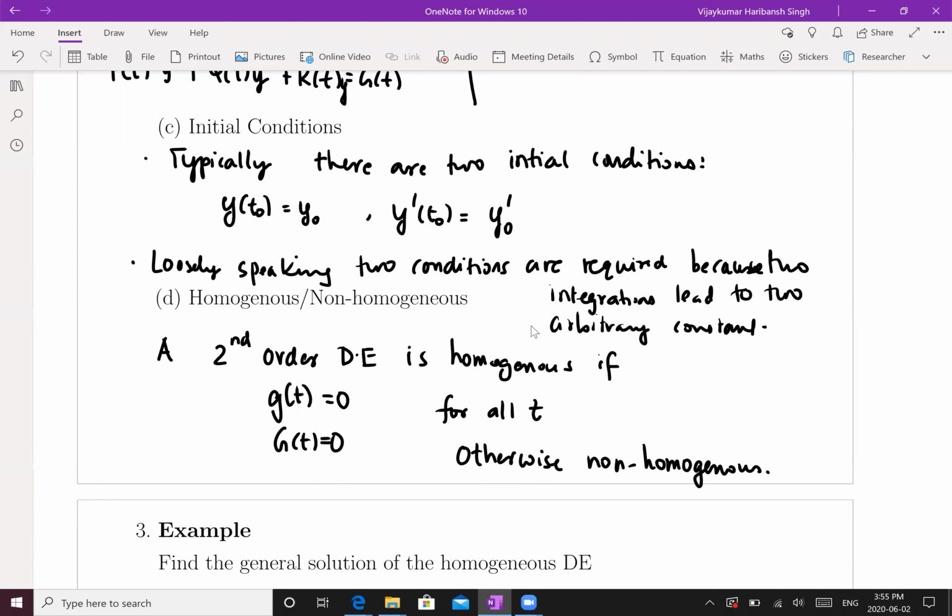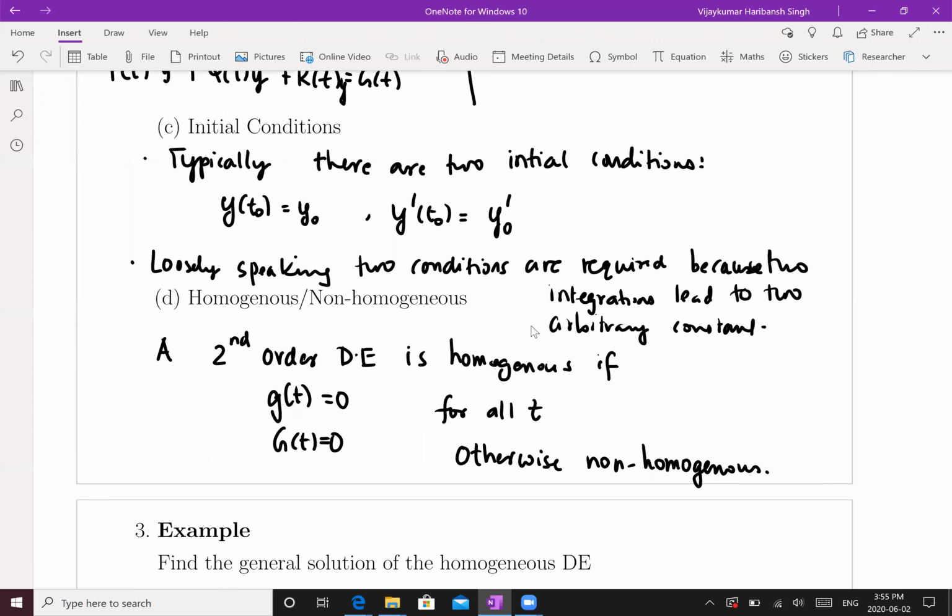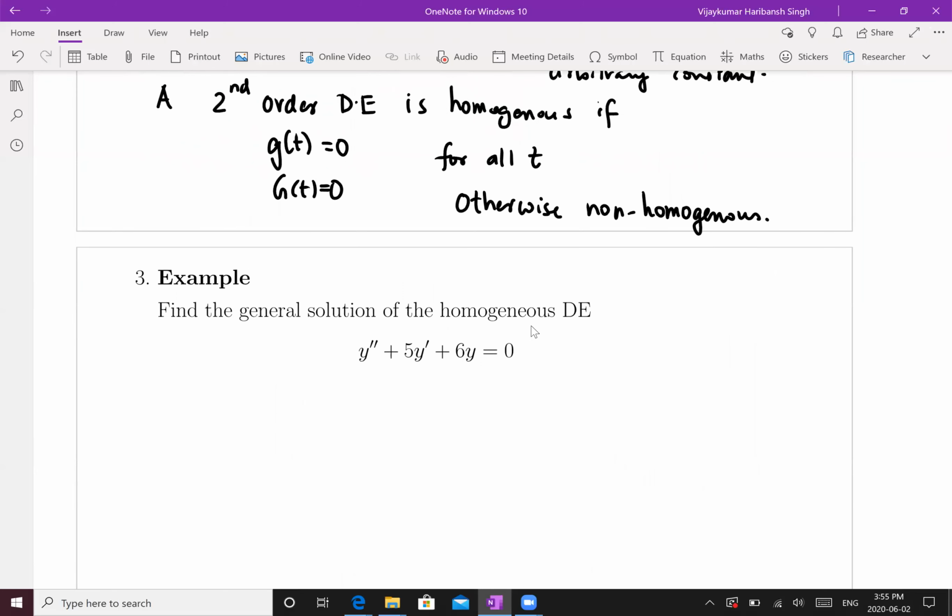So that's the idea. For a homogeneous differential equation, you see that there are two constants which come out naturally. Two initial conditions must be given to you because the null space of a second order homogeneous differential equation is two-dimensional.